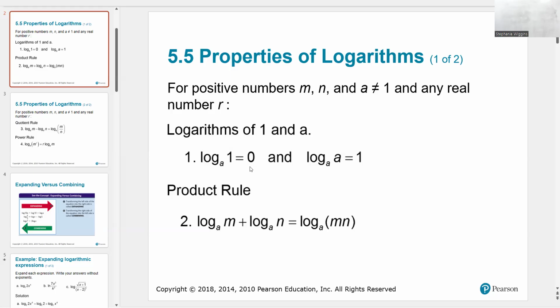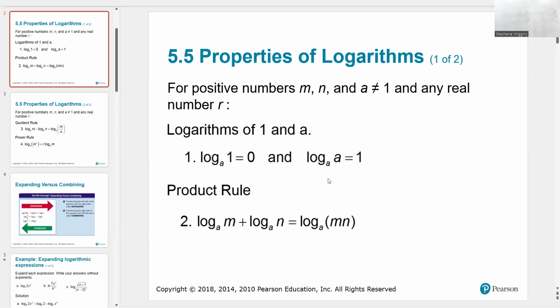So this formula follows from that property. And so the log base A, it doesn't matter what the base is, if it's a valid logarithmic base and you're evaluating at 1, you get 0. And that means that the point (1, 0) lies on the graph of all basic logarithmic functions.